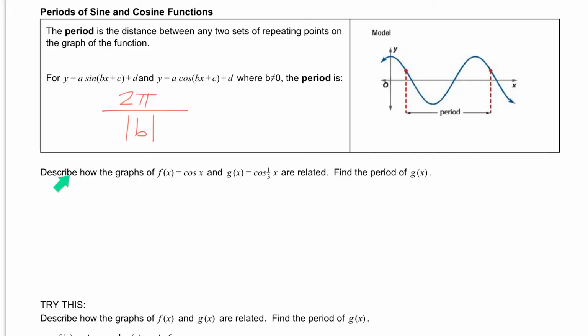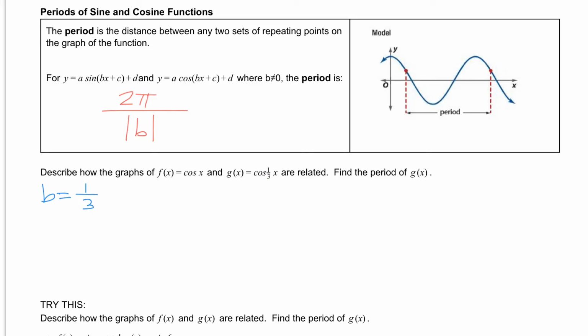If we take a look at the graph of cosine of x and g of x equals cosine of 1/3 x, we want to know how those two are related, and we want to find the period of g of x. So let's go ahead and find that period first. To find the period, we're going to need the b value. And our b value in this case is that number in front of x after the cosine, which is 1/3.